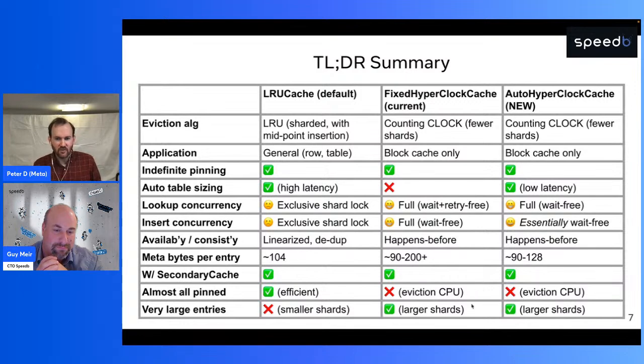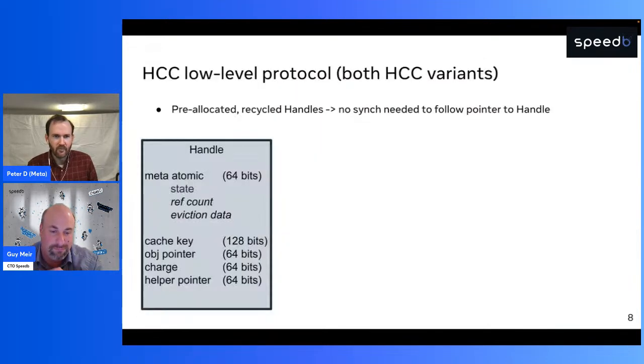And I think I'll touch more on these bottom 2 points in one of my later slides. So let's try to breeze through some of the low-level details, just to show you some of the cool technology that underpins this.